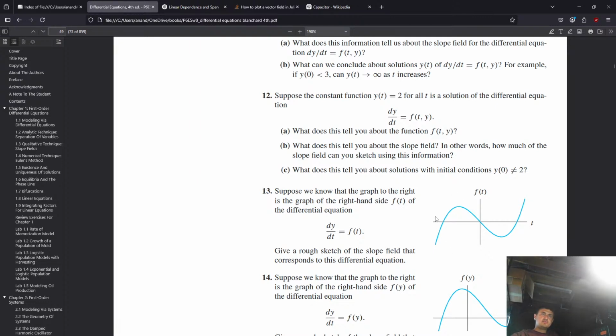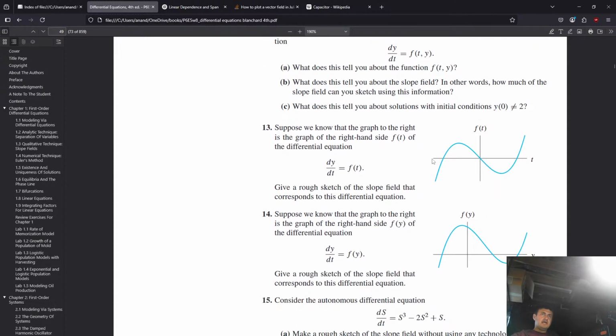So everything here, there's going to be parallel solutions.